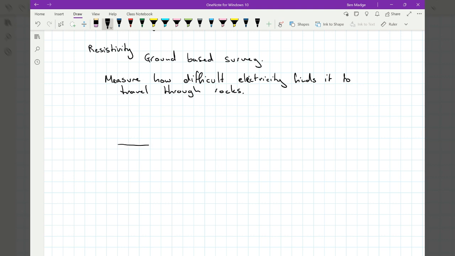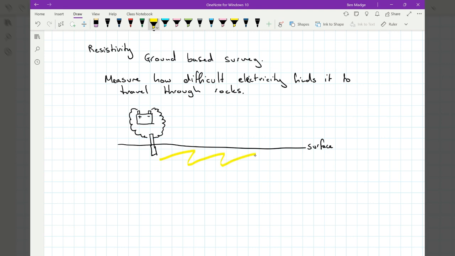So we literally have our surface of the earth. We put a voltage from a battery or something like that. Probably wouldn't be a battery, it'd be like a big capacitor or something, into the ground, and it sends out electricity. Let's do that as a lightning bolt, eh?